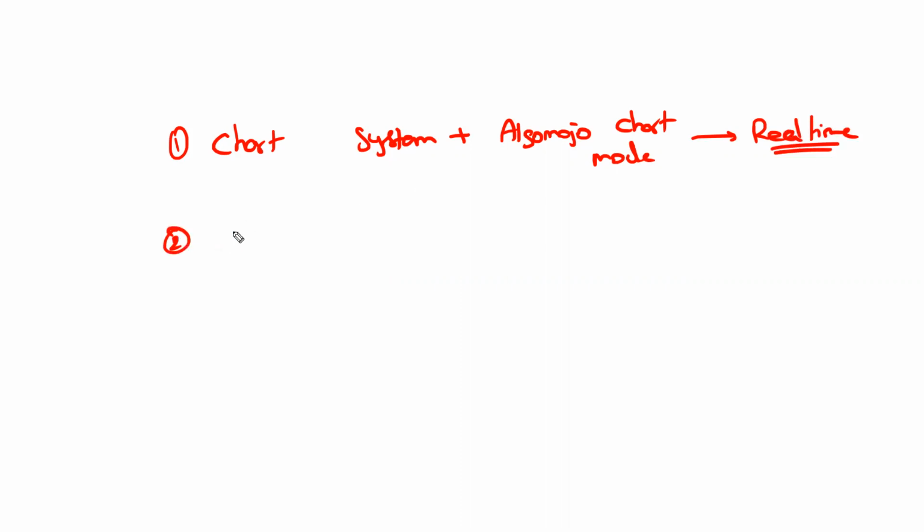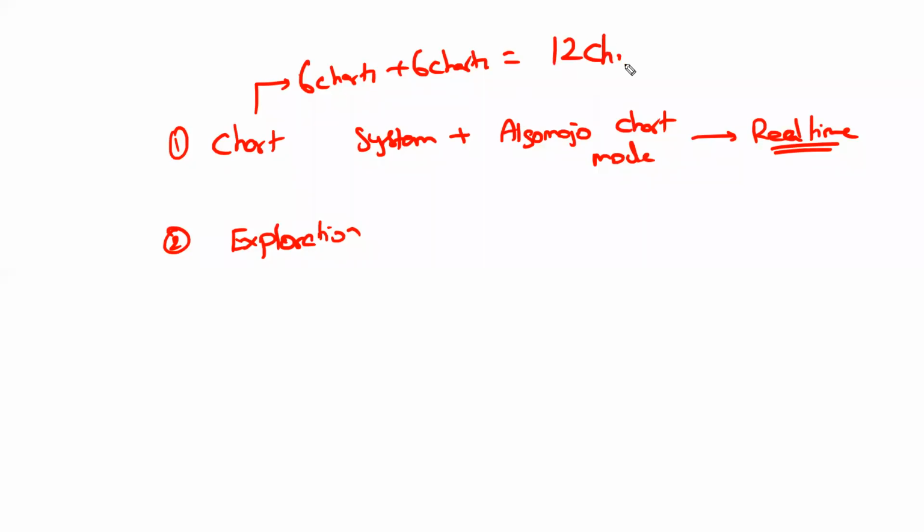Number two, you can also do it via exploration itself. So via exploration, what is the benefit? In charts, there is a very limited benefit. You can use a maximum of 6 charts, or if you have multiple monitors, another 6 charts, so up to 12 charts, 12 symbols.